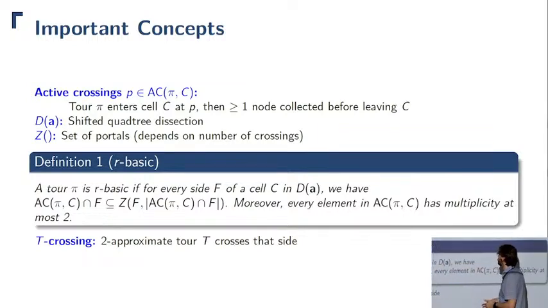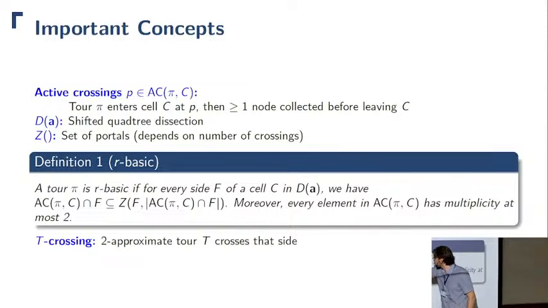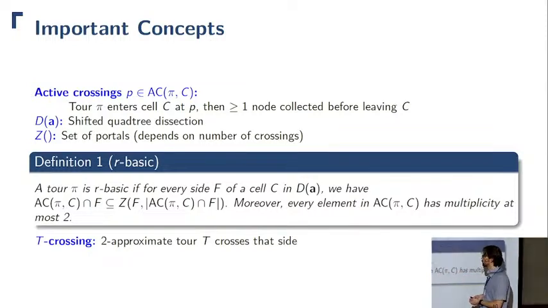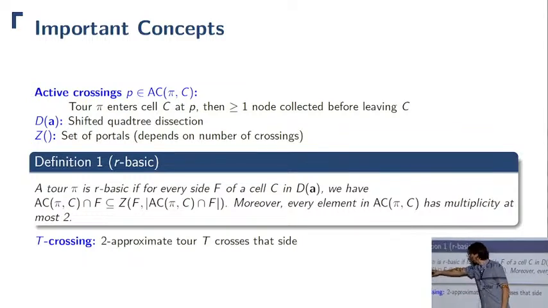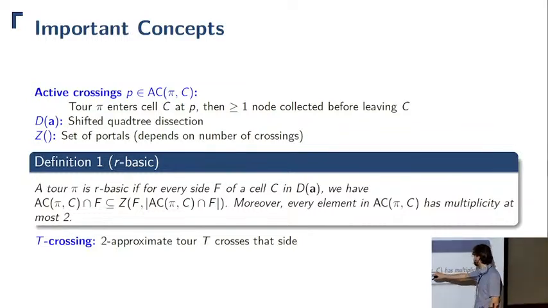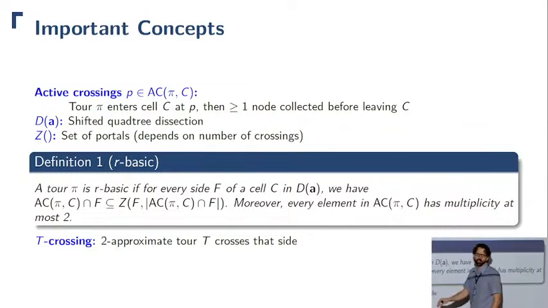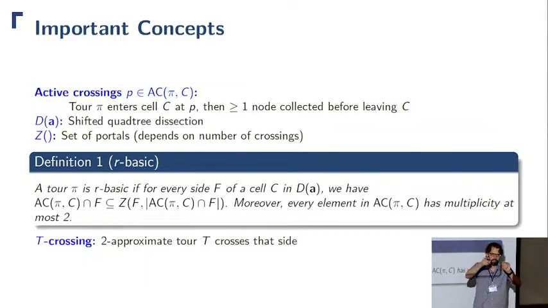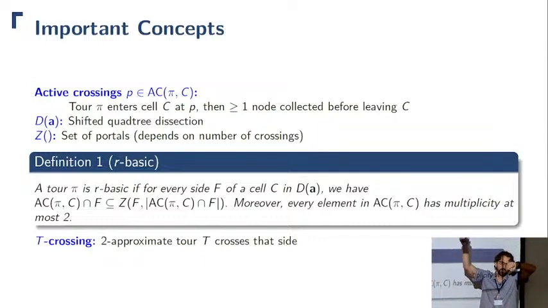A basic solution is a solution where, for every side of a square in the quadtree dissection, the active crossings at this facet of the square are within the set of portals that we have determined for that facet, and the multiplicity of each active crossing is at most 2, meaning that a single portal could be used twice by the tour, but not more than 2 times.